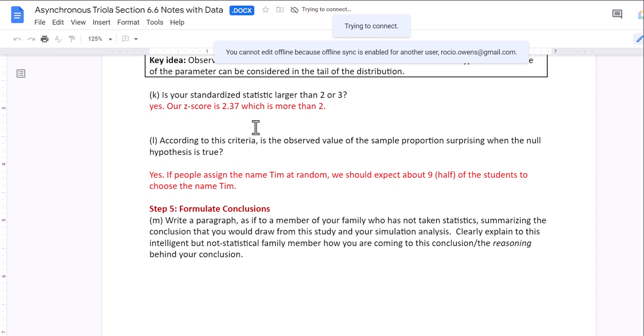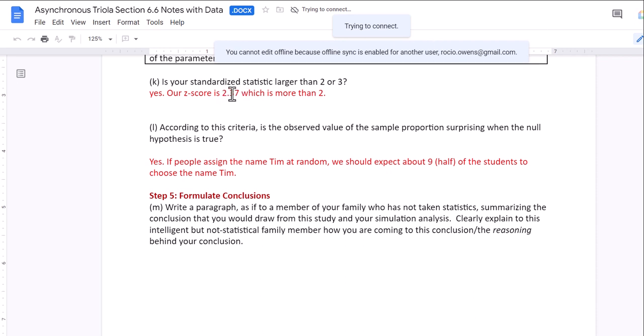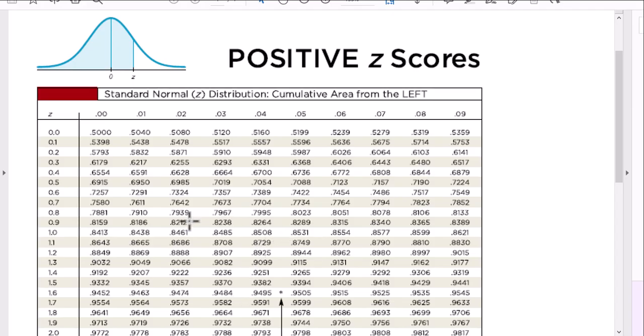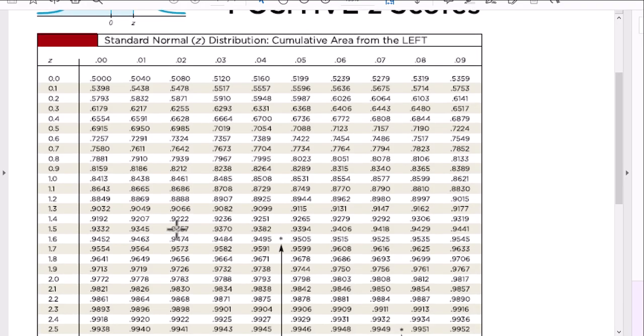Now here, since we know our z-score, you can go back to the z-score table and see the probability that our value 14 out of 18 would happen. Because our z-score is positive, we look at the positive z-score table, at 2.37.